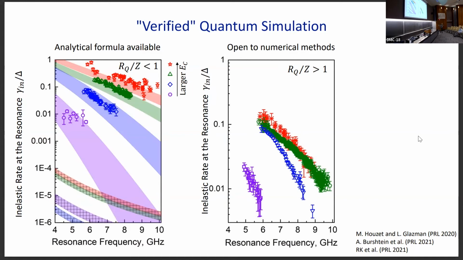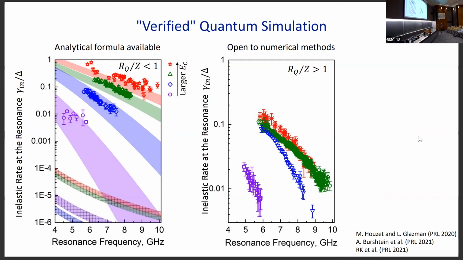All parameters are measured, and the uncertainty measurement gives this theory line. But what's nice about these systems is that now we can change this impedance even in situ and move away from this regime where there is a small parameter, and now there is no theory.